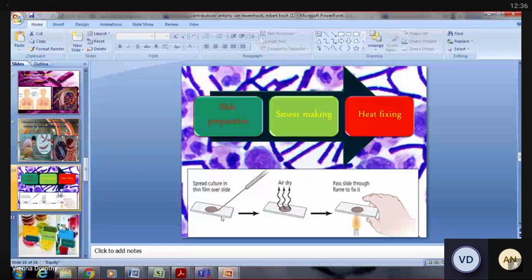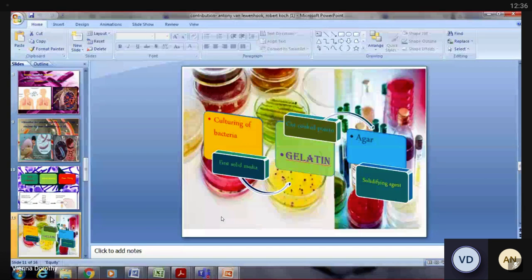Then he is called the father of microbiological techniques. He told us a method of slide preparation, smear making, heat fixing, and the coloring of the organism using aniline dyes. Then he was the first person to tell that culturing of the bacteria is possible.